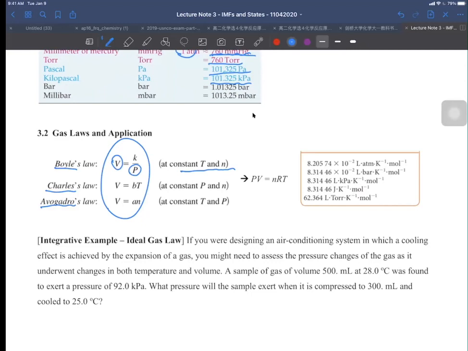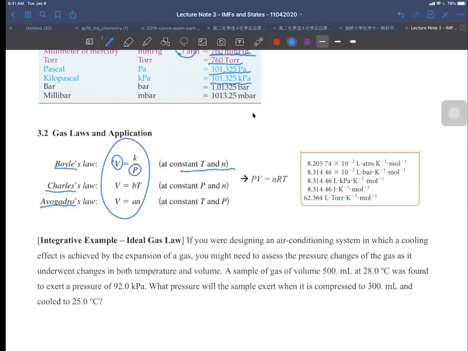If you have a balloon and you use your hand to squeeze it, the balloon reduces in size. That means higher pressure, because you press it, you increase the pressure on the balloon, so the volume decreases. So P times V is a constant.